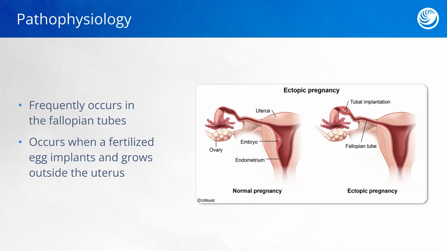The reason why the ectopic pregnancy gets stuck in the fallopian tube usually has something to do with fallopian tube damage. This can be due to scarring from a pelvic operation, but more commonly is due to something called pelvic inflammatory disease, which causes inflammation and infection of the fallopian tubes such that they scar over and won't allow the fertilized egg to travel to the uterus.